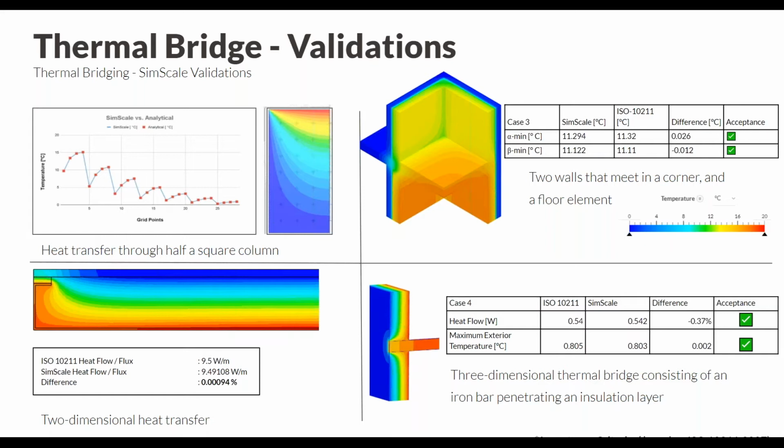We found that there is a very small percentage of difference between the analytical and the simulation results. And this goes the same for the other models with the corners or the wall joints, and also a cantilever beam where we measure the heat flow and also the temperature distribution.